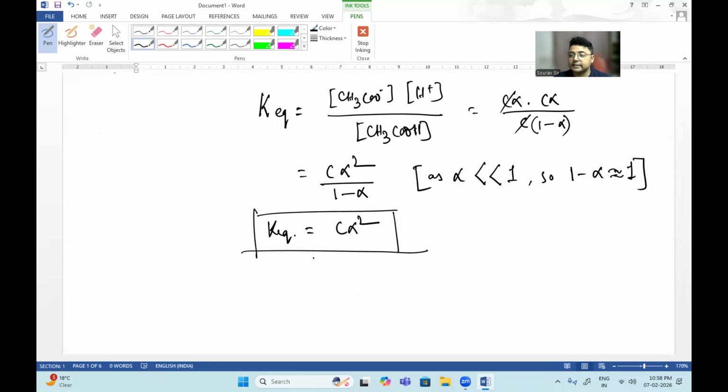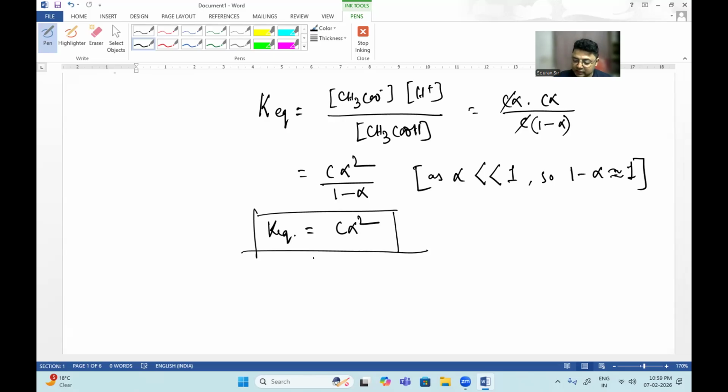Now the weak acid we have dissociated is acetic acid. And as it is an acid, this equilibrium constant will have a new name. It is an equilibrium constant, but it will be named the dissociation constant of the acid.